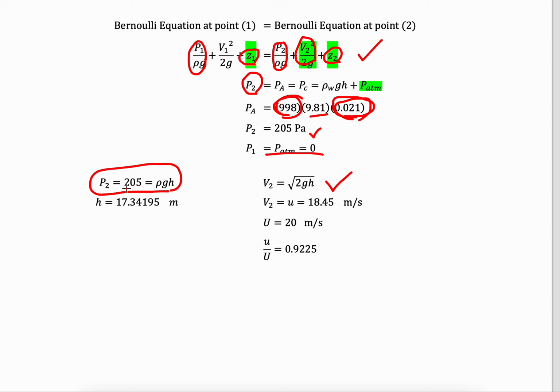If the pressure of 205 Pascal is created by air, the height will become 17.34195 meter. So we use this height to calculate the velocity of air. From this equation, we substitute the height of 17 meter, and then we get that the velocity V2 is equal to 18.45 meter per second. And then, how do we predict the value of x?